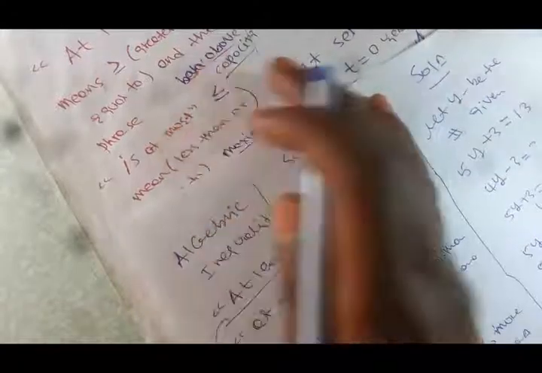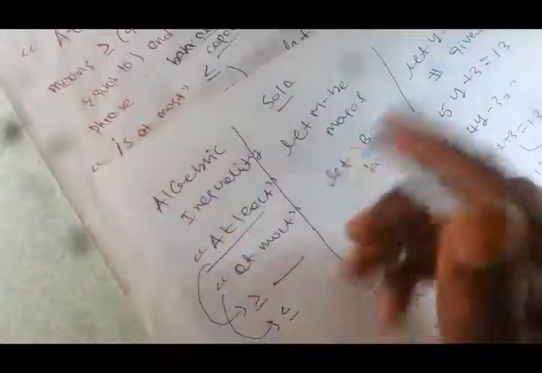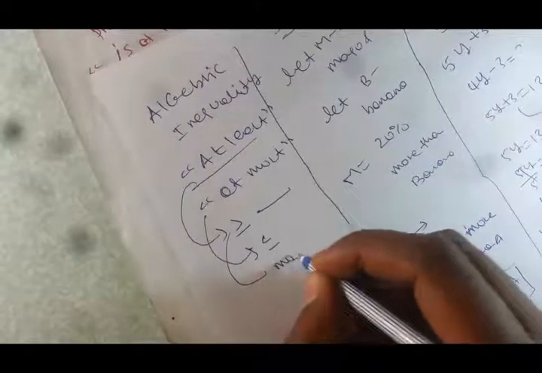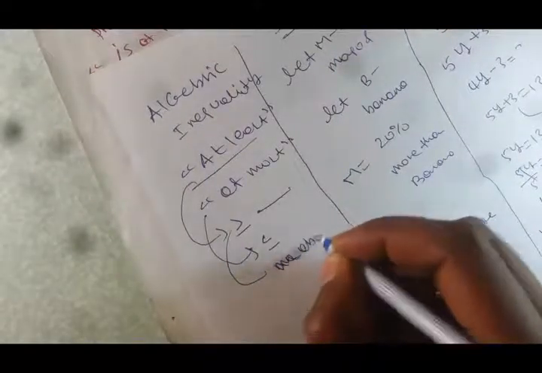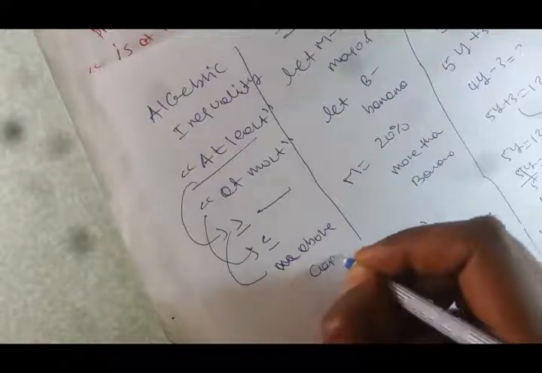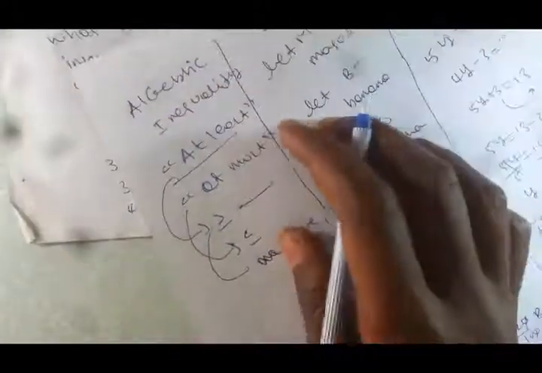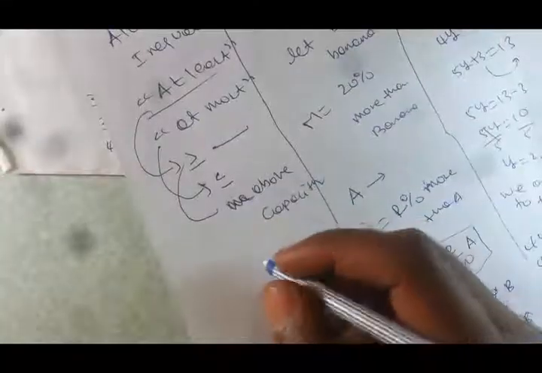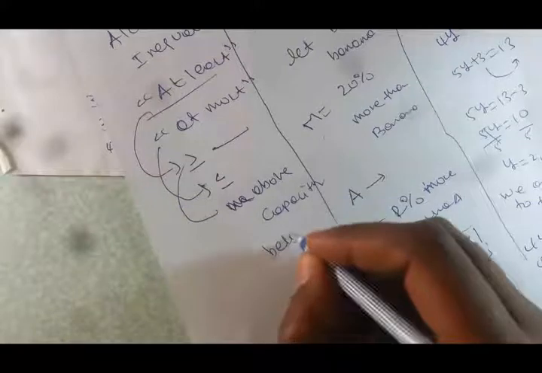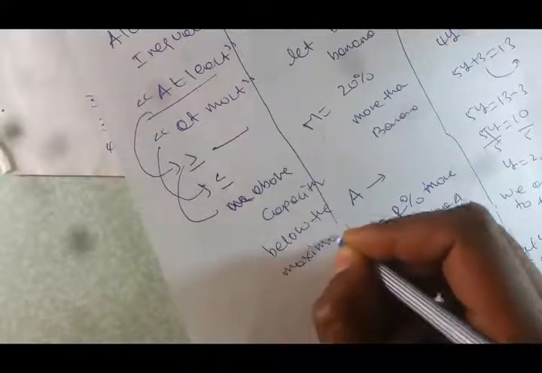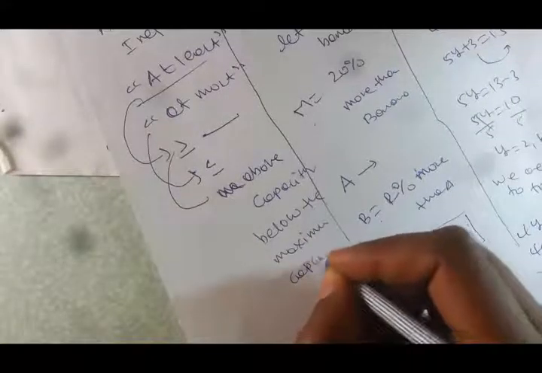In other words, at least means equal to or above the capacity, and at most means equal to or below the maximum capacity.